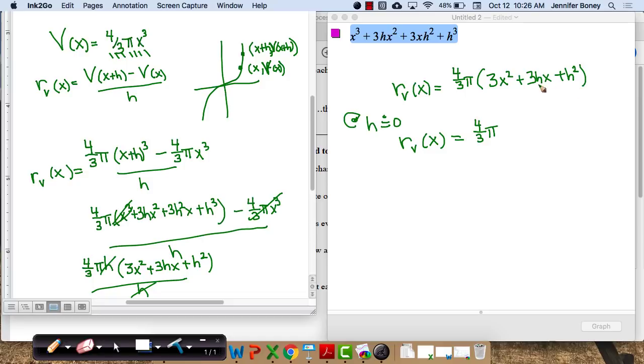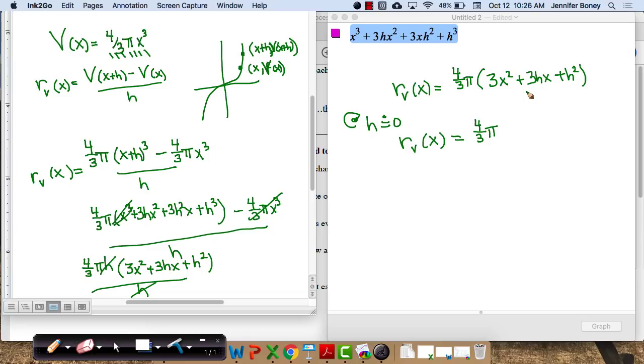If h is essentially 0, I've got 3 times extremely small thing times a mystery value of x. Not quite as clear that that's going to be 0, but I can make h as close to 0 as I want. I can make it extremely close to 0. So if I do that, both of these terms that still have h in them, this one maybe obviously is going to be extremely small. This one, there's still an x in it, so it seems like it could cause a problem.